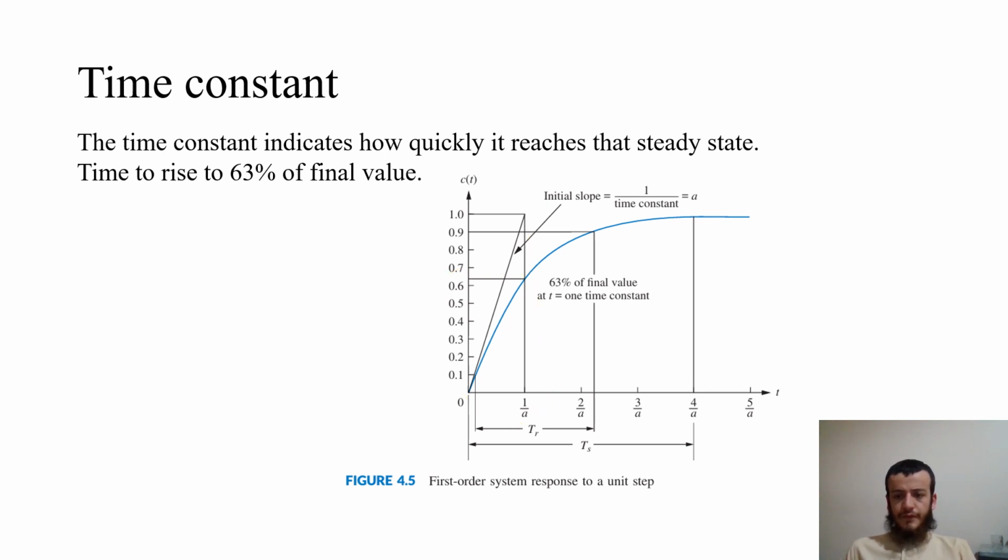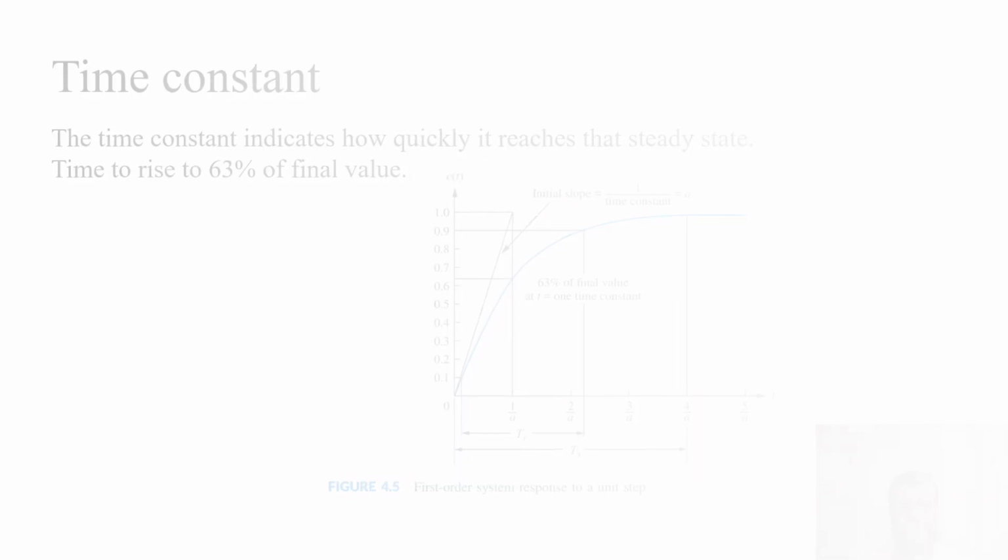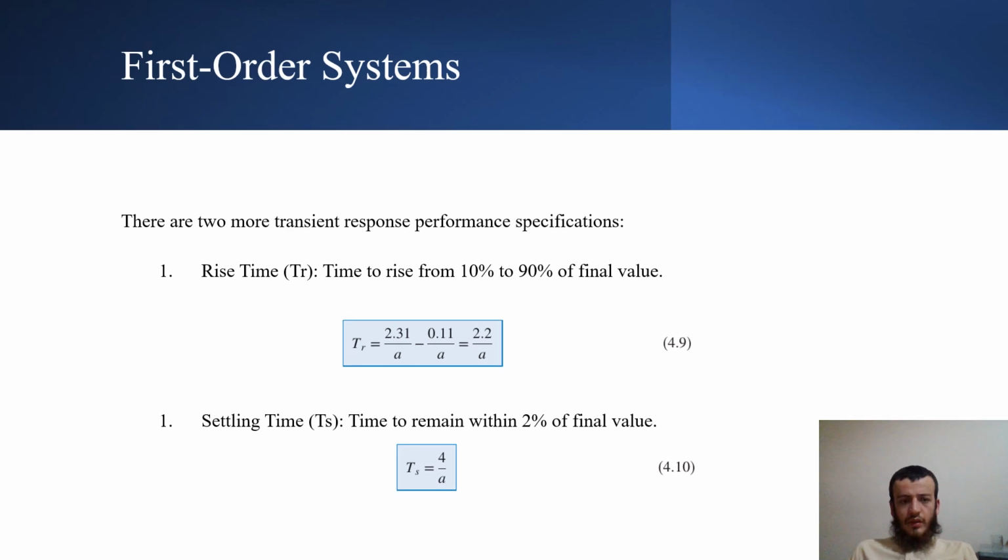There are two more transient response performance specifications. That is rise time. Rise time, according to the previous graph, is the time to rise from 10% to 90% of the final value.